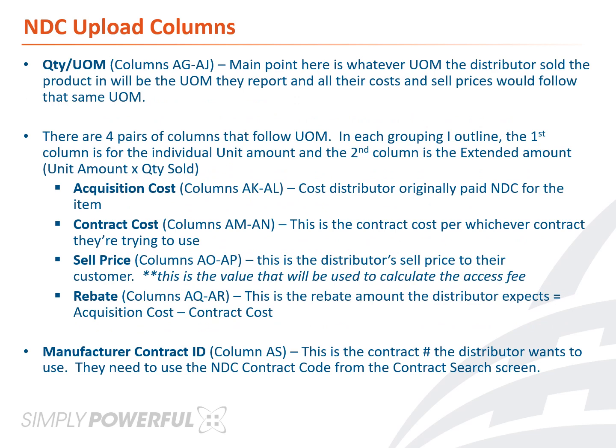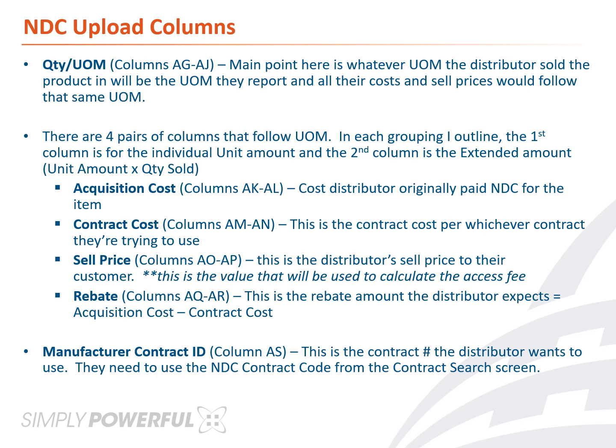Columns AG through AJ are for the quantities and unit of measure. It is very important to use the unit of measure that was sold to the customer. All fields related to cost should all match the same unit of measure. There are 4 pairs of columns that follow the unit of measure.